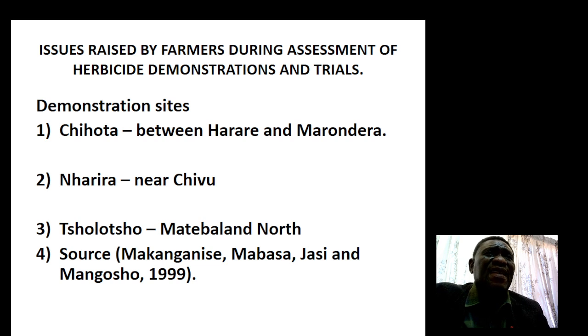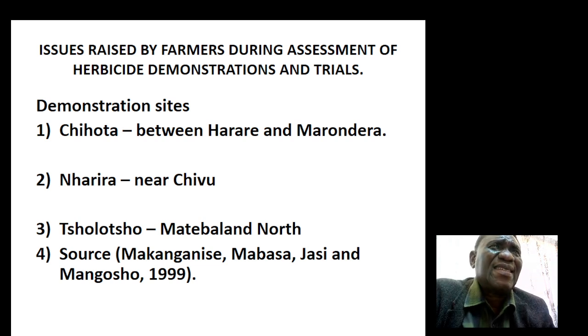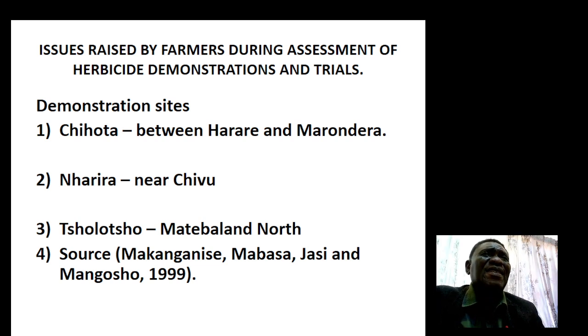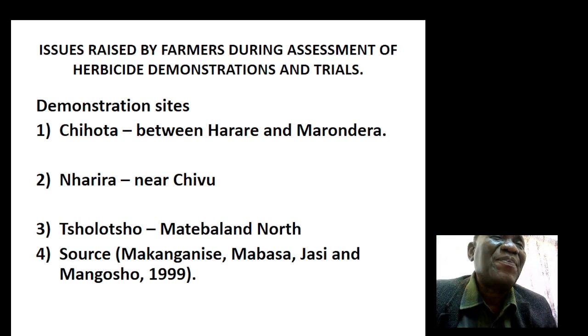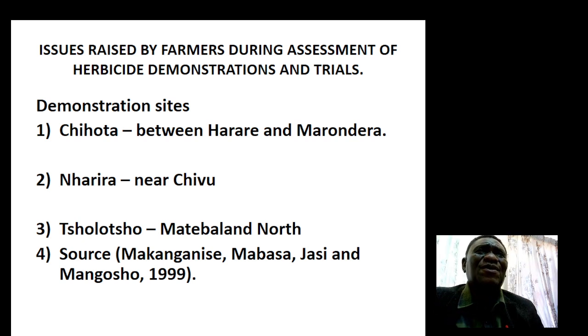Now there was a survey which was carried out by Makangani et al. in Chiota, Narira, and Cholocho, which were used as demonstration sites for herbicides, just to find out from farmers what were the issues surrounding the herbicide technology.